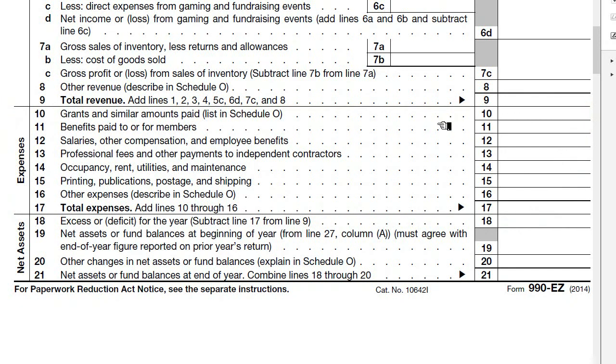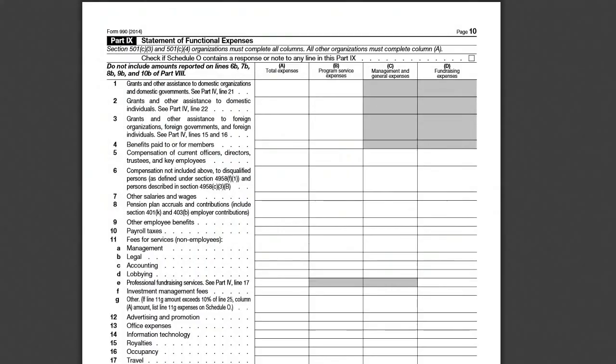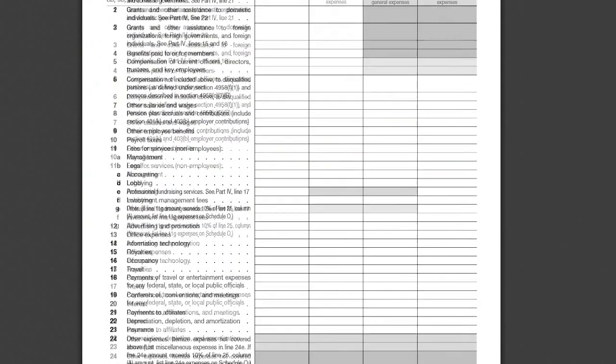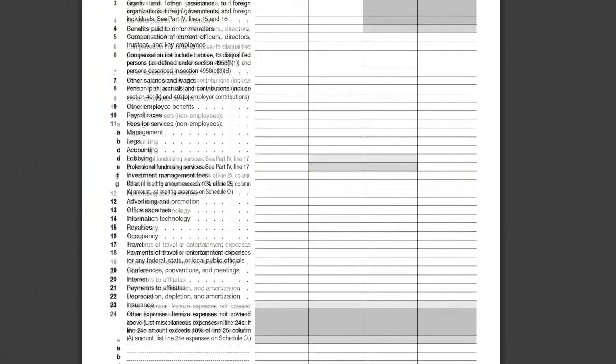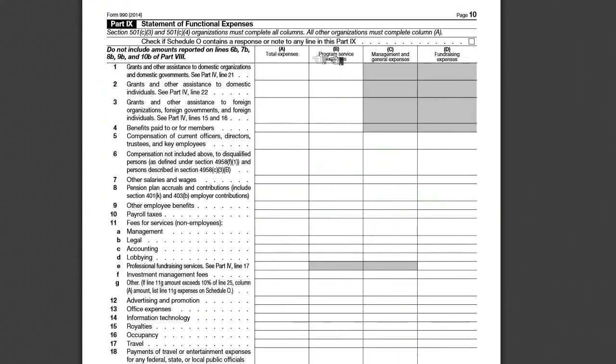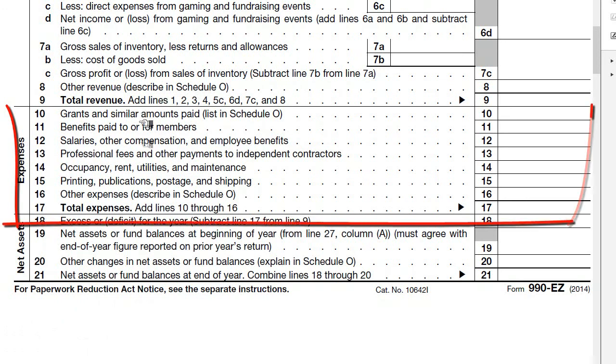Now, to contrast the difference between the 990-EZ and the full Form 990, this is the expense page on the full Form 990, and as you can see, it takes up the entire page, and it is split up into total expenses, program service expenses, management and general or administrative expenses, and then fundraising expenses. So this is not present on the Form 990-EZ, as you can see.